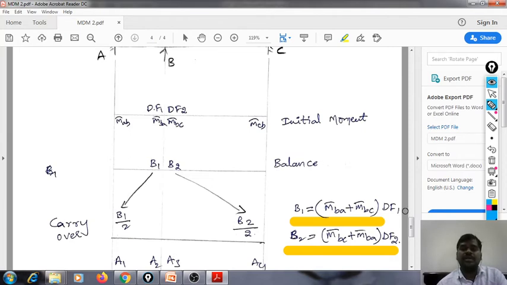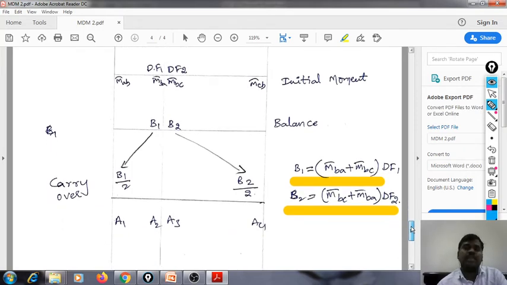So the first step is the initial moments, and we have to balance the moment at that joint only, so that the total beam will be in equilibrium. And so we have to distribute this. B1 is distributed here and B2, the balance moments, are distributed again here.